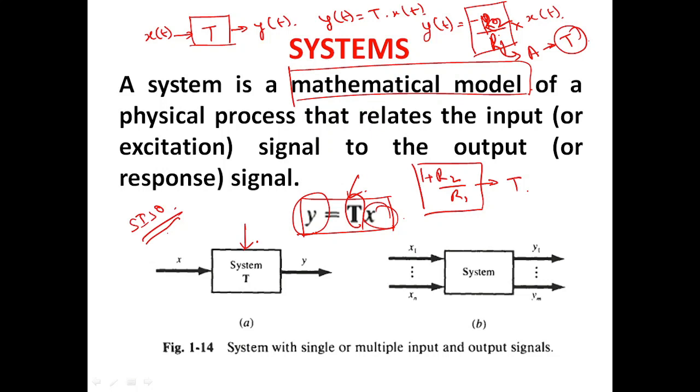So you are giving multiple inputs to the multi-parameter system, and you are getting multiple outputs. If you have the respiratory sensor, you get the respiratory output; if you have the ECG sensor, you get the ECG output. Such a system is regarded as a multiple input multiple output system.